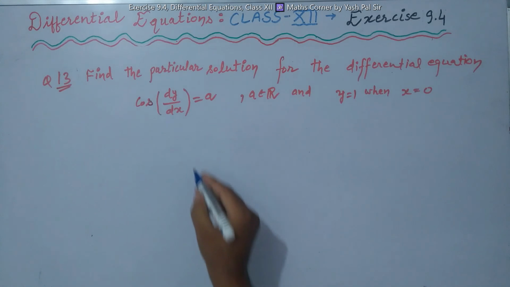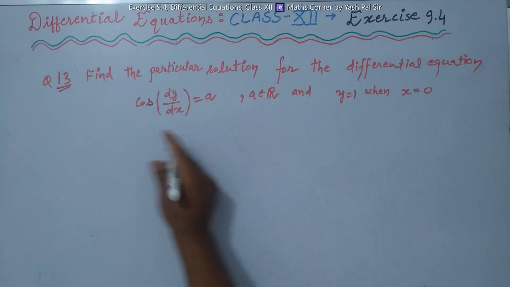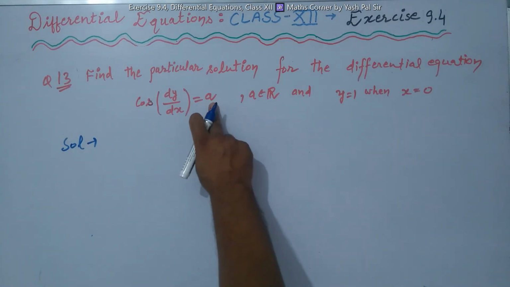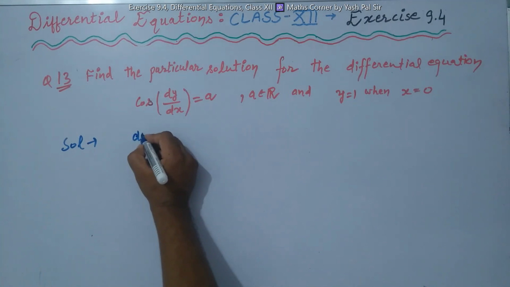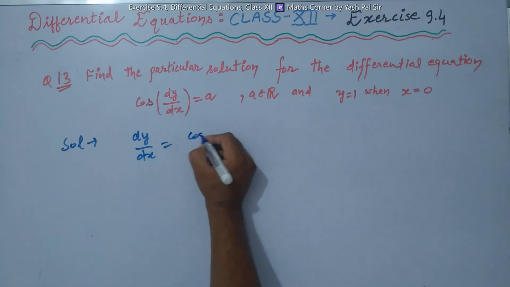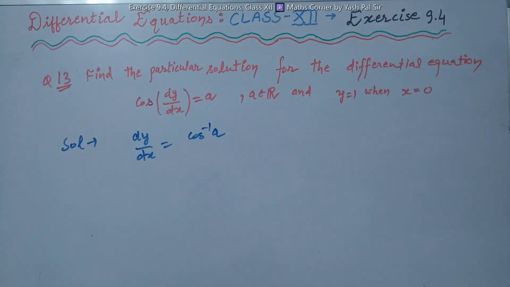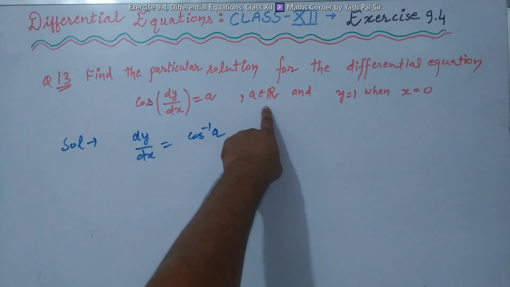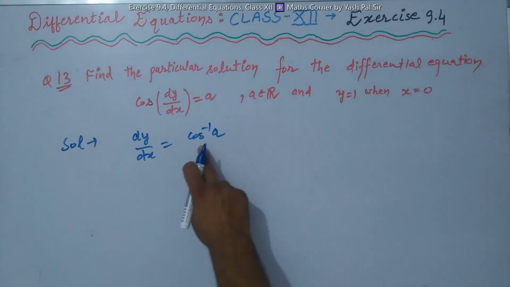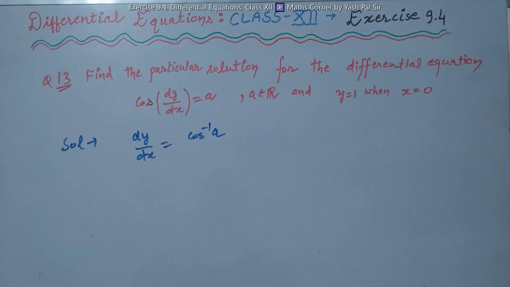So first of all, variable separation. We take this cos to the right hand side, so this becomes dy upon dx is equal to cos inverse of a. Because a belongs to the set of all real numbers, cos inverse a is purely constant.